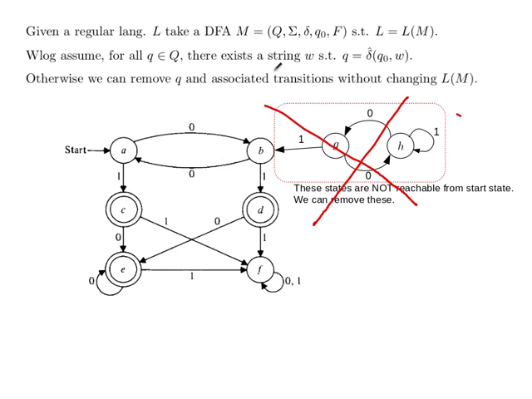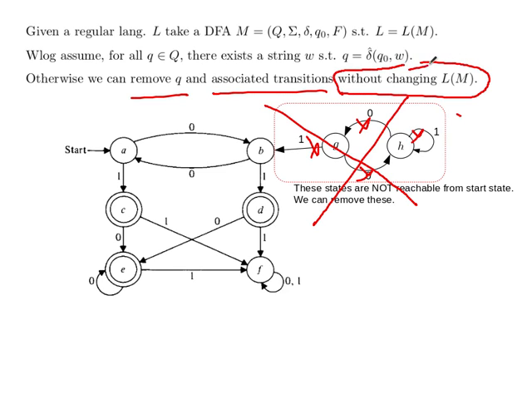If that is the case, then you just remove this state and the associated transitions. This whole block is gone, and that doesn't change the language. So without changing the language, we can just remove that part.